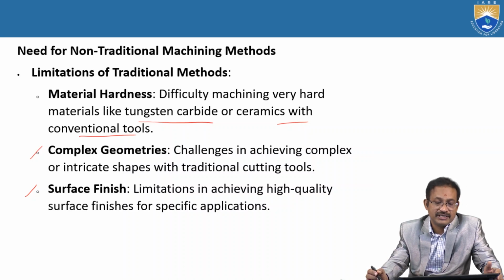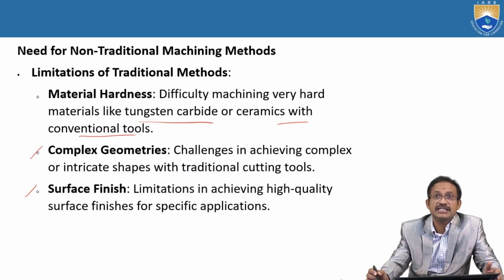Next, complex geometries: challenges in achieving complex or intricate shapes with traditional cutting tools. See, usually for different designs, sometimes the complexity of the geometry would be there, where conventional machining processes may not be suitable.